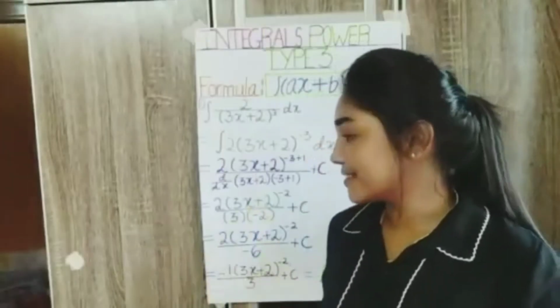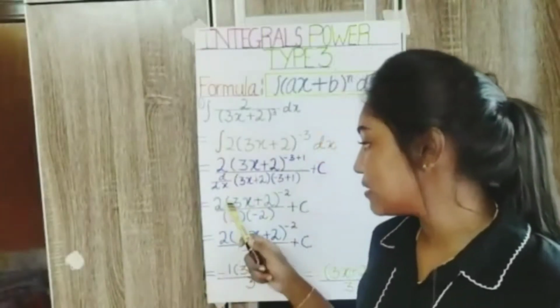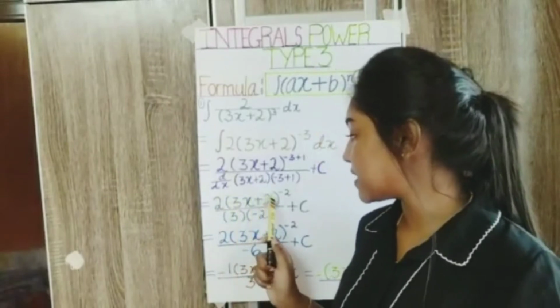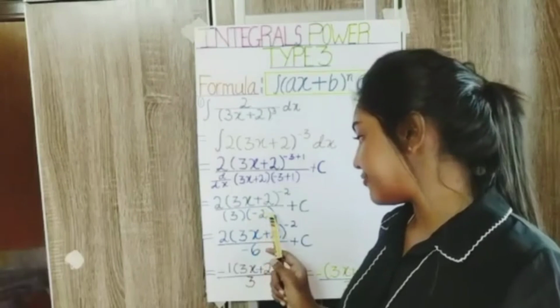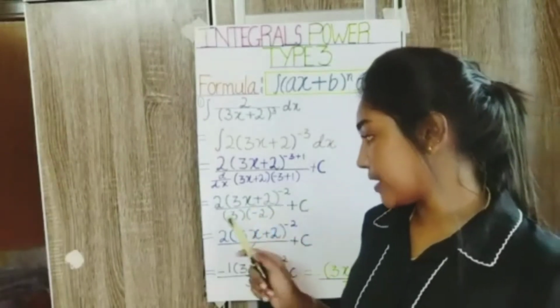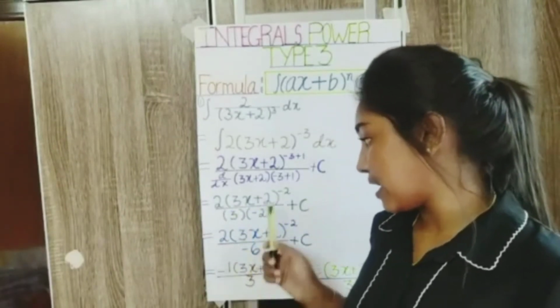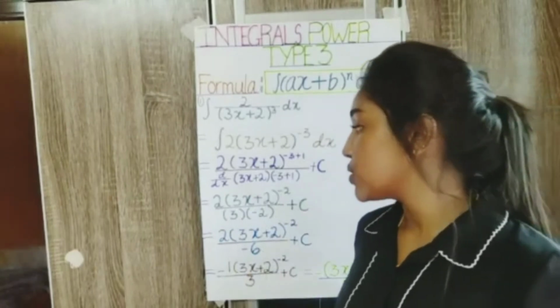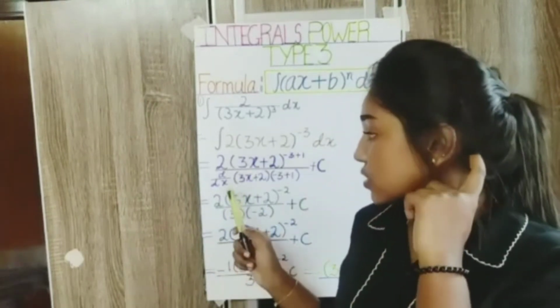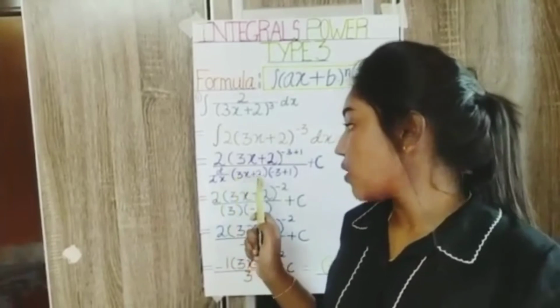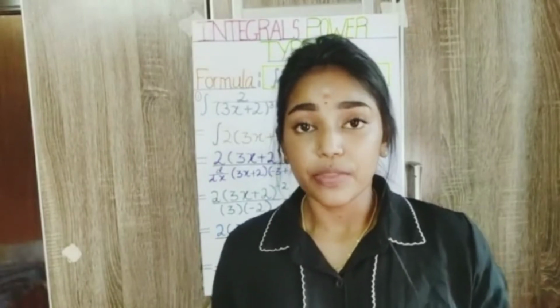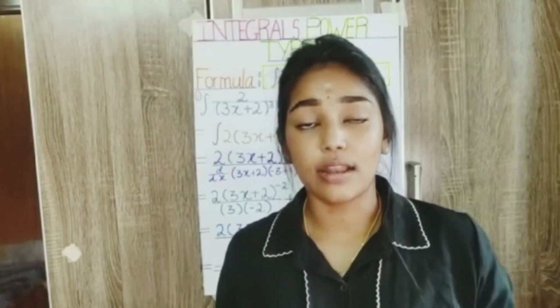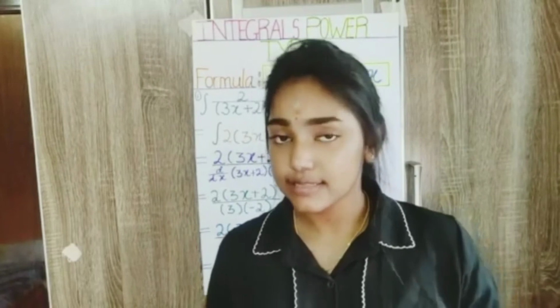So let's look at the third step. The third step will be 2 (3x + 2) to the power negative 2 over 3 and negative 2, plus c. How do we get 3 and negative 2? So we use the constant rule for differentiation. So automatically for a number which doesn't have any kind of value like x value or y value with the number, it will automatically be considered as 0.